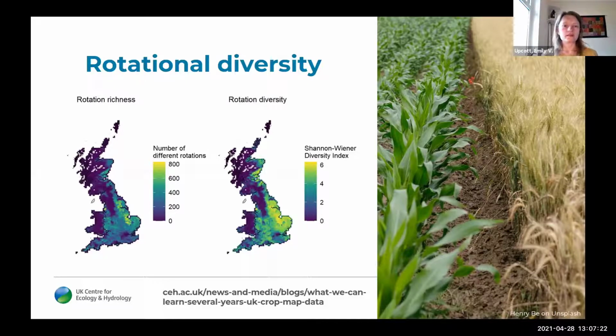But in both of them, we see that richness and diversity are higher in the east of Great Britain, which is typically higher grade agricultural land. And likewise, these data and results could be useful for investigating impacts of different crop rotation patterns or groups of them on the environment as well.